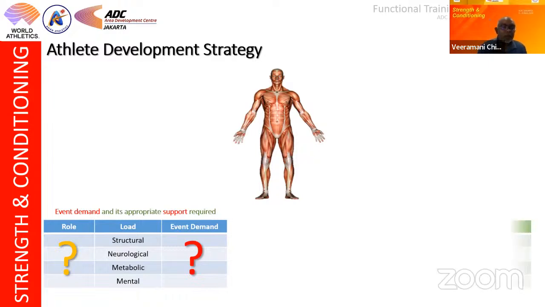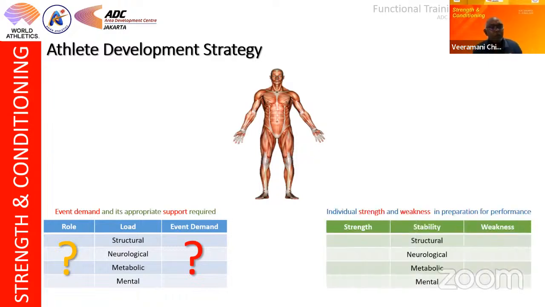We also know the other half is where we take the athlete as an individual, where he has strengths and weaknesses in preparing for performance. This will contribute to the stability that he has or has to have before he progressively moves forward. This is something we will constantly search and look out for, from strengths and weaknesses, and we will try to close the gap.